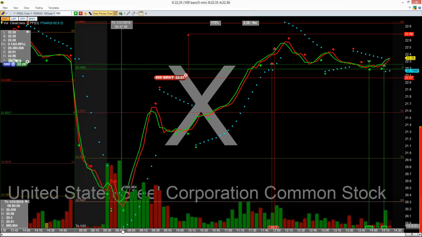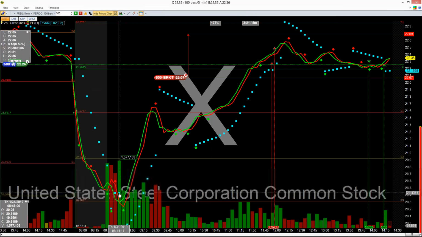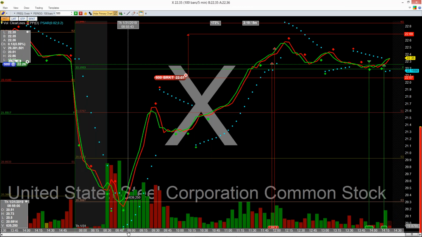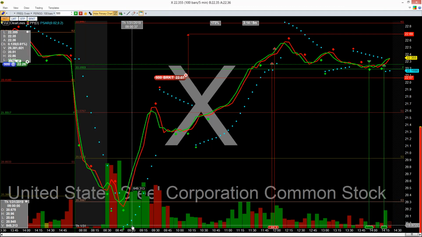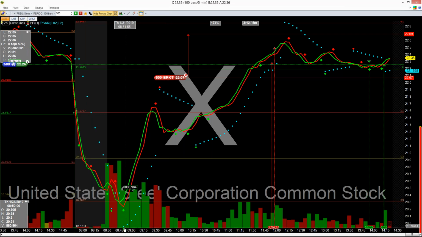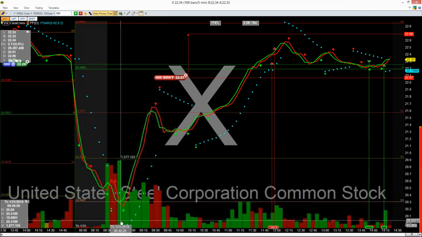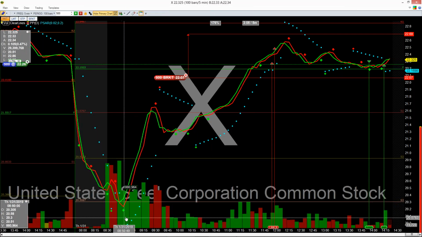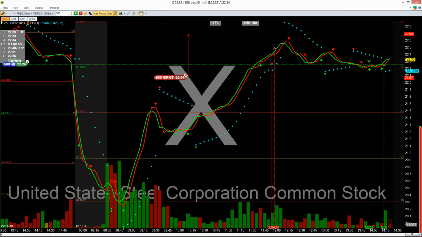Well, simultaneously, you had the parabolic stop and reverse shift from above to below, and when the parabolic stop and reverse shifts to underneath, that's usually a signal of an uptrend. So you had multiple indicators, basically.